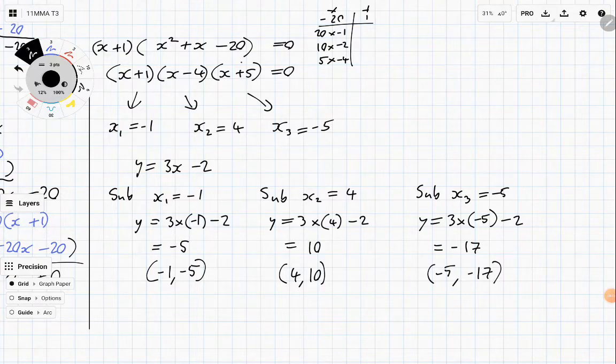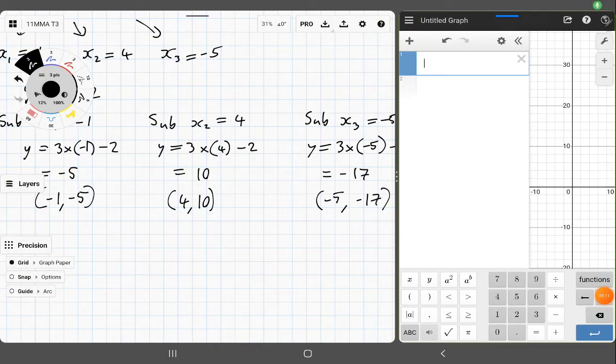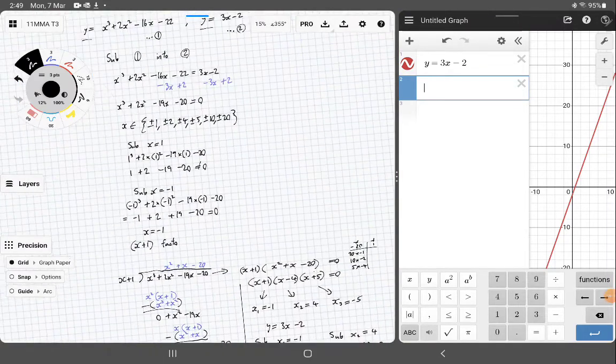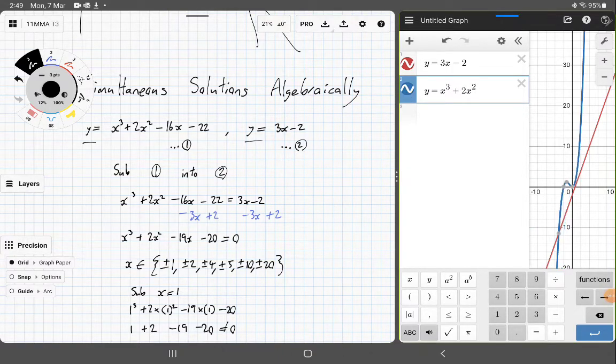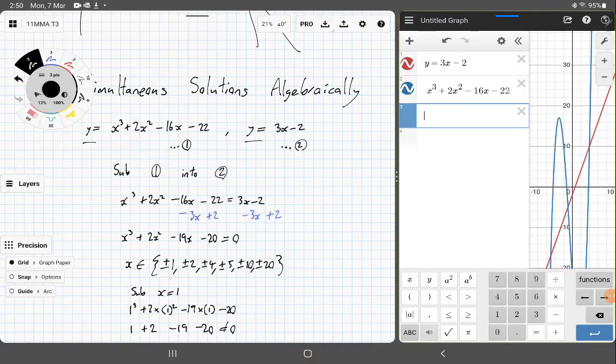Now, obviously in an exam we can't use this, but for today, why not use some Desmos to double check? So let's start off by just typing in the two functions. So y is equal to 3x minus 2, and the second function was y is equal to x to the power of 3 plus 2x squared minus 16x minus 22.